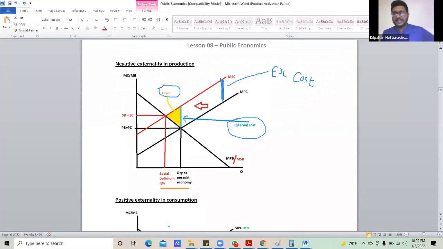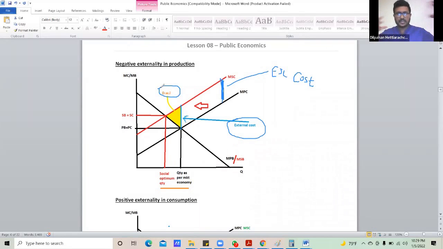So as the last explanation for today, I will just give a summary. Market economy is there. They just operate with self-interest. So therefore, they think about the private cost and the private benefit, right?